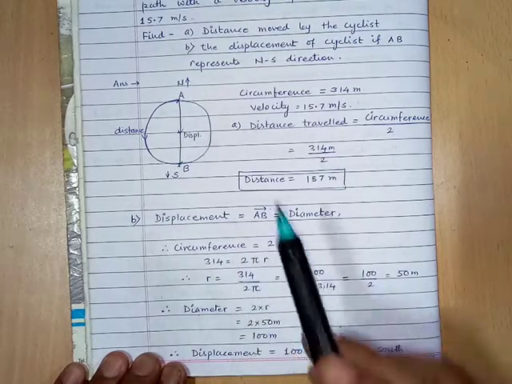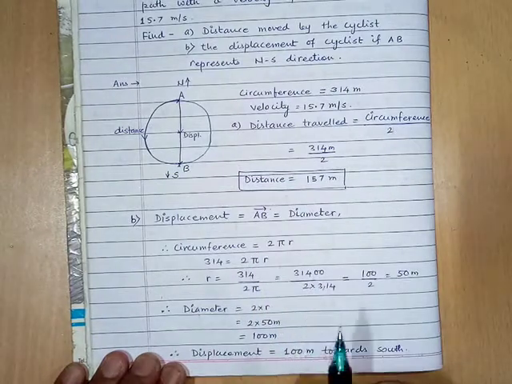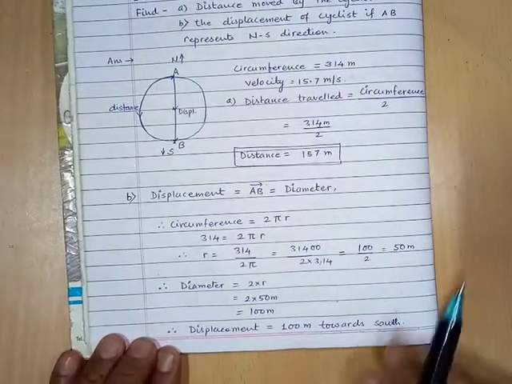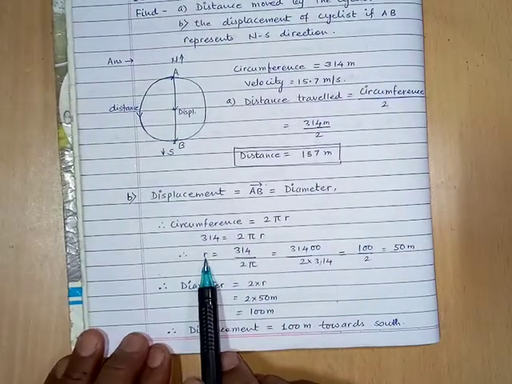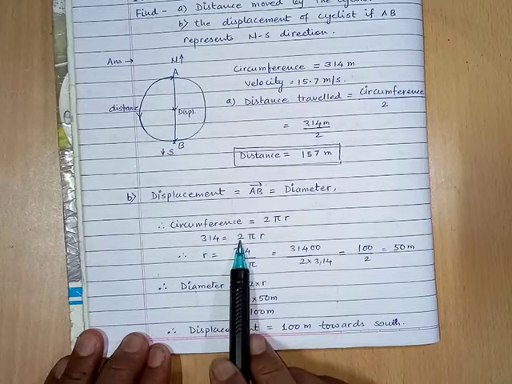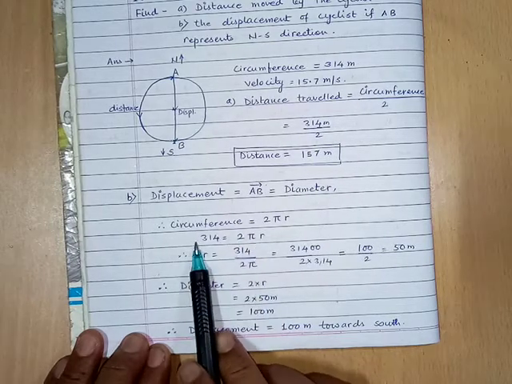Now I am interested in calculating the radius, because once I am successful in calculating the radius, then I can easily calculate the diameter also. So in order to calculate r, I will shift 2 pi to the left-hand side.